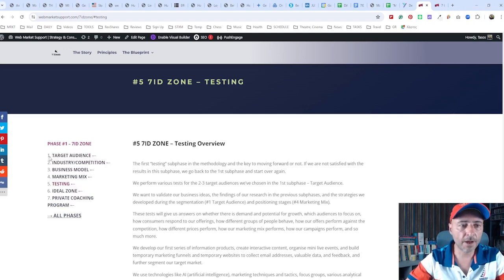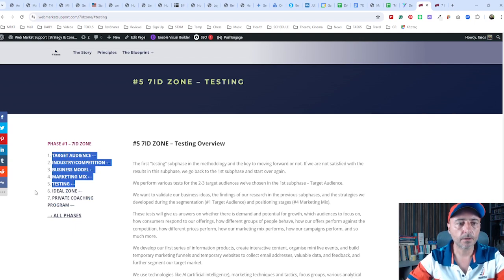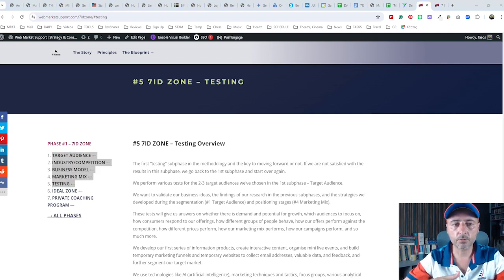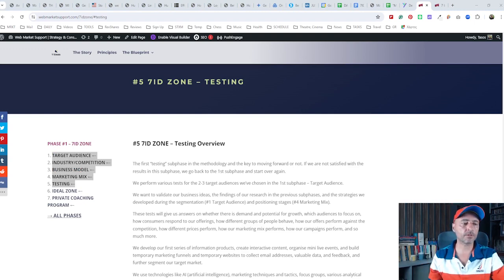Now the first 5 phases are run simultaneously, at the same time, in parallel. So we examine our target audience, we start by researching consumer behavior. We want to understand our customers, and that can't happen if we don't research the market.